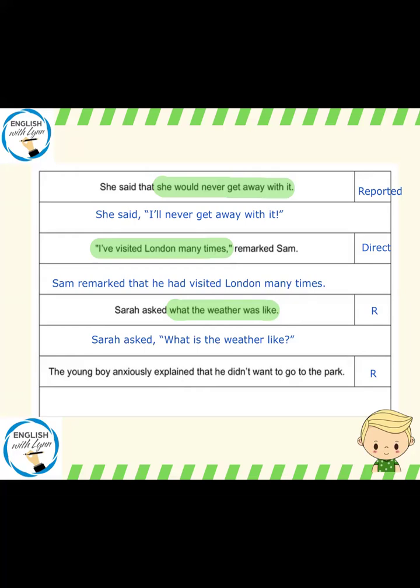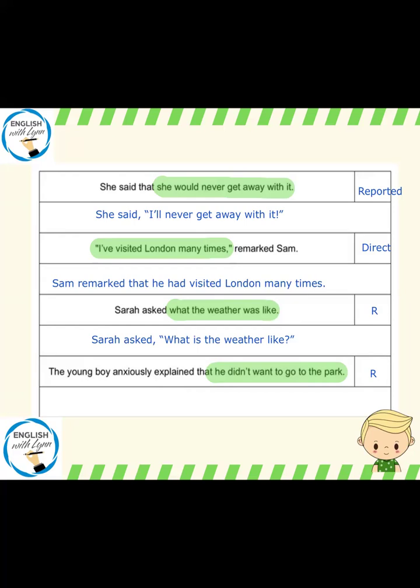What he is actually talking about is the fact that he didn't want to go to the park. Okay, now we need to change the pronoun to I because it is the boy that is speaking, and we need to change the tense from did not to do not.